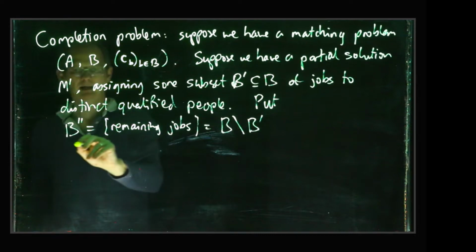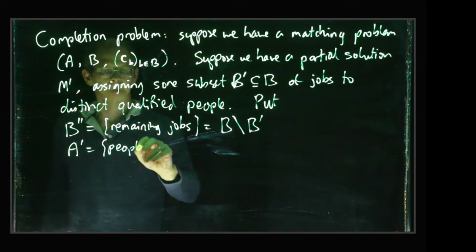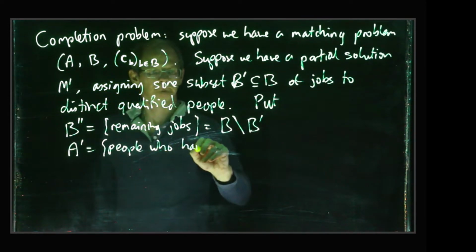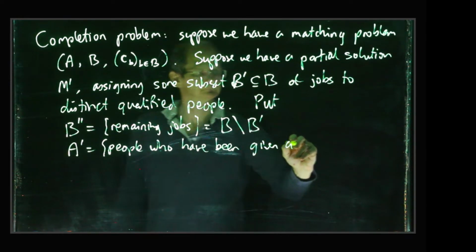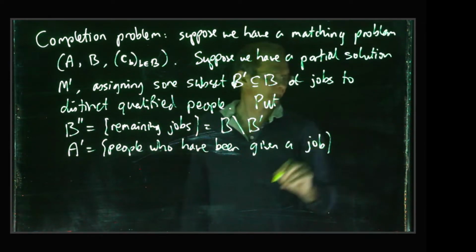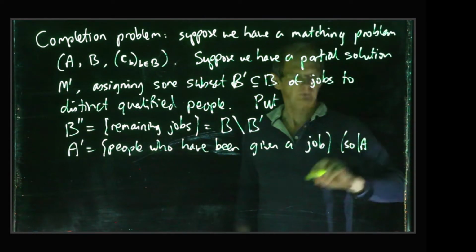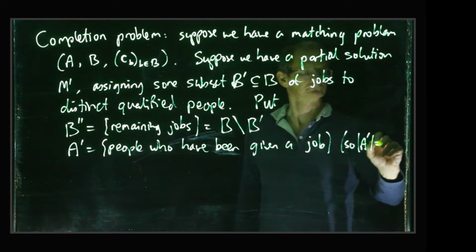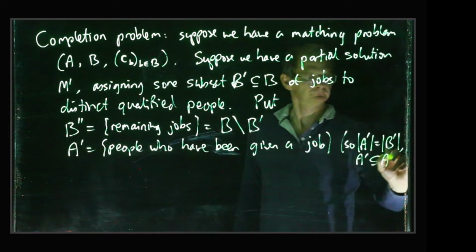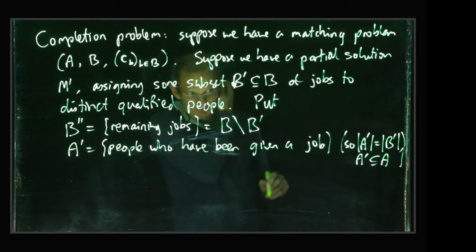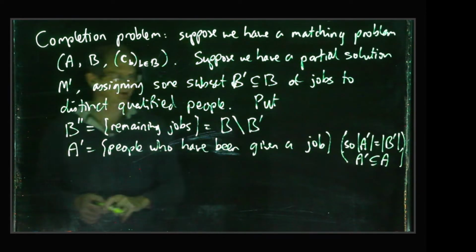And then we're going to set A prime to be the set of people who have been assigned jobs. So this is a subset of A, and if each job's been assigned to one person, the size of A prime is the same as the size of B prime.